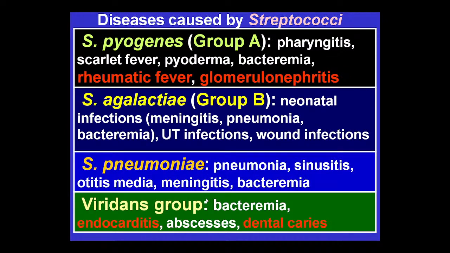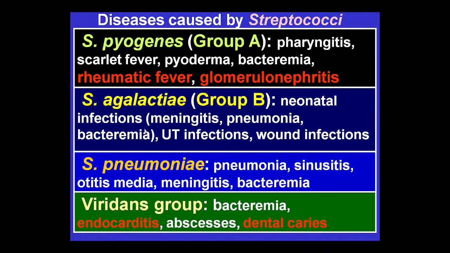Then what are other diseases produced by streptococci? Streptococcus pyogenes, a group A beta hemolytic streptococcus, may cause a lot of purulent infections. These are pharyngitis, scarlet fever, pyoderma, bacteremia, and also some non-purulent diseases that are rheumatic fever and glomerulonephritis. We discuss them a bit later on, okay? Then the second important example is Streptococcus agalactiae from group B according to Lancefield classification.